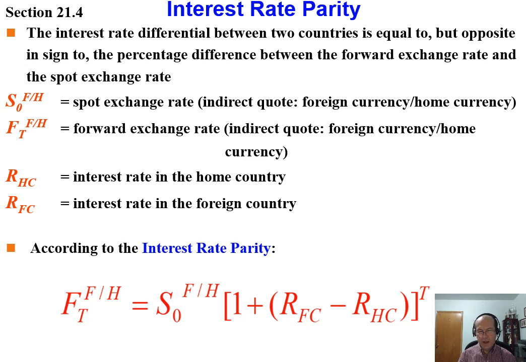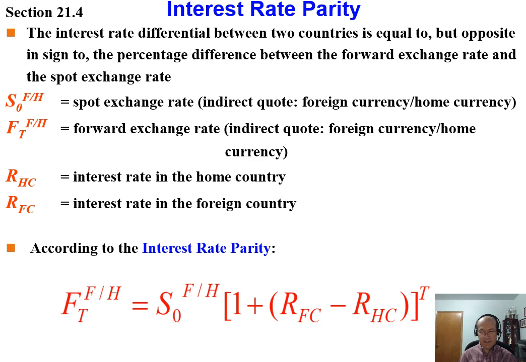And vice versa, if the interest rate in the foreign country is smaller than the interest rate in the home country, in this case, foreign currency will be sold at a premium against the home currency. So this is what interest rate parity tells us.